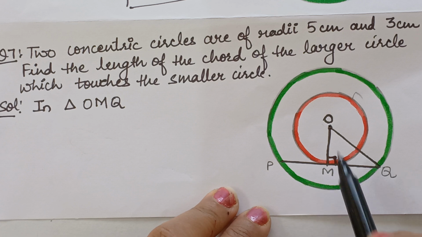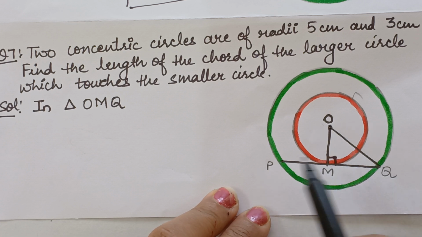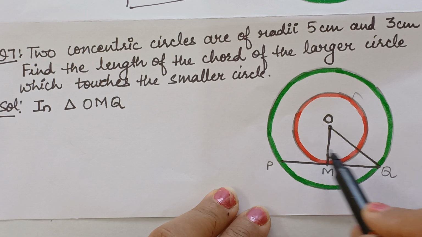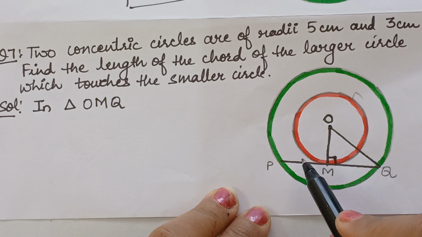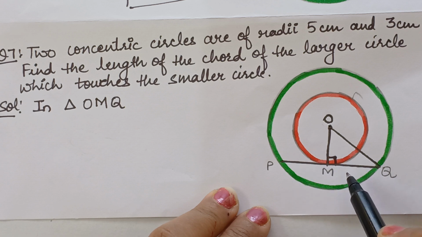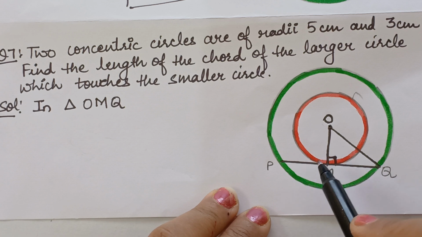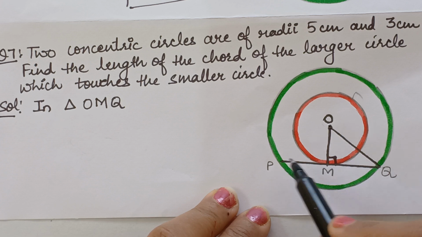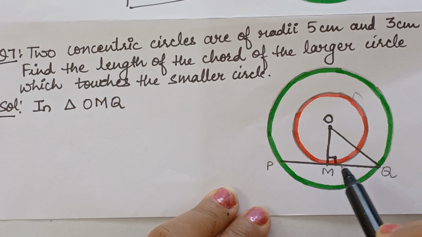We have already learnt this, that a perpendicular from the center always bisects the chord. Or there is one way also: if I join this, I can prove that these two triangles are congruent. If they are congruent, then this will be equal to this by CPCT, but that will be a little lengthier. So we will do it with this, that a perpendicular to the chord always bisects the chord.